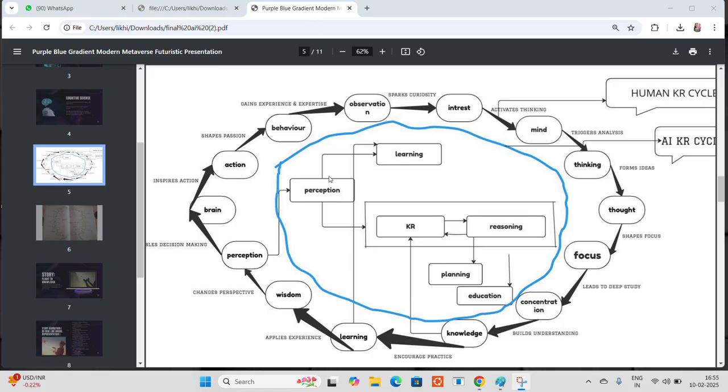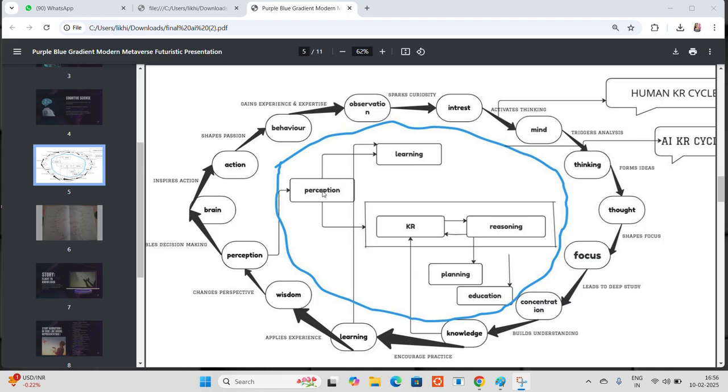Let's start with the first component of the AI knowledge representation cycle, which is perception. Here in perception, AI gathers data from sensors, texts, and images. To understand the AI knowledge representation cycle, we'll use the example of a self-driving car.